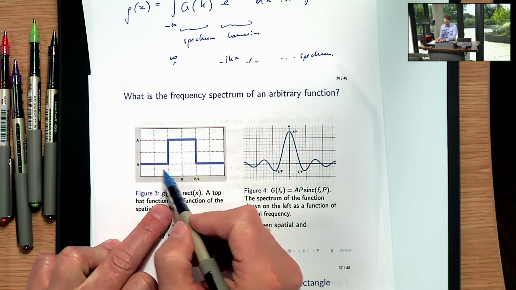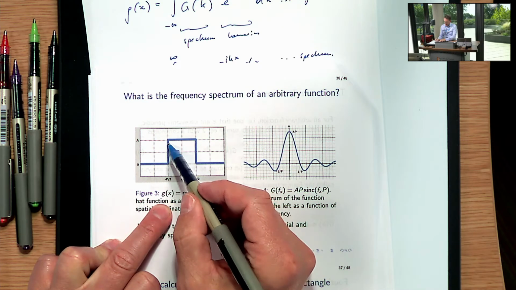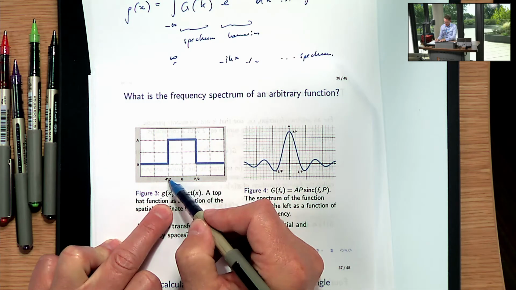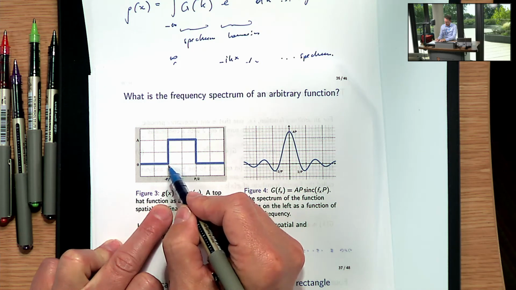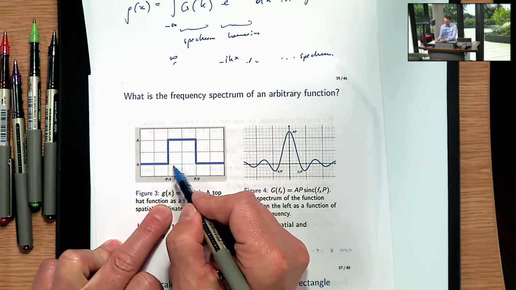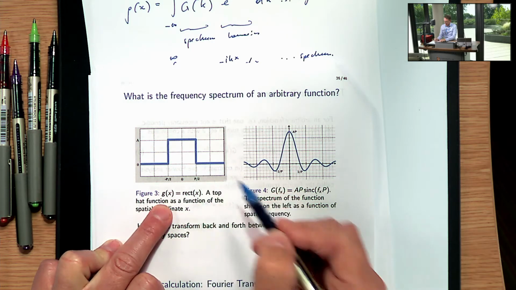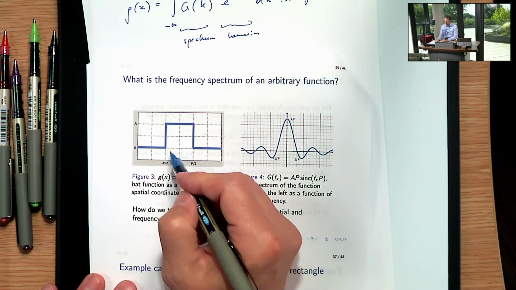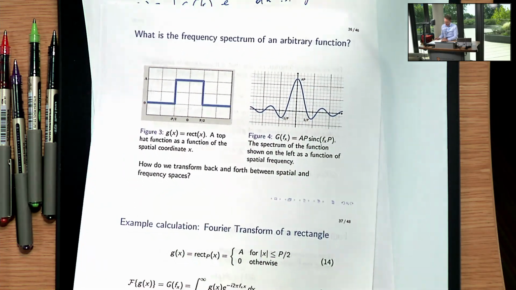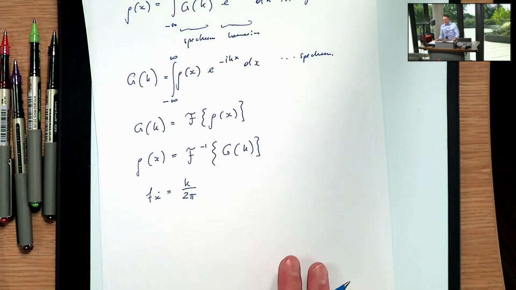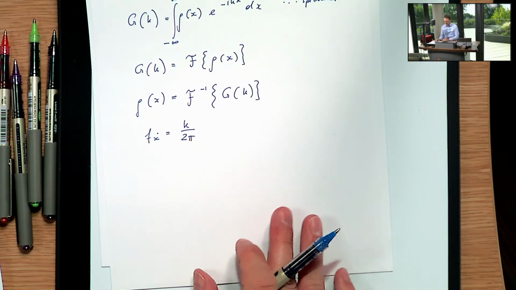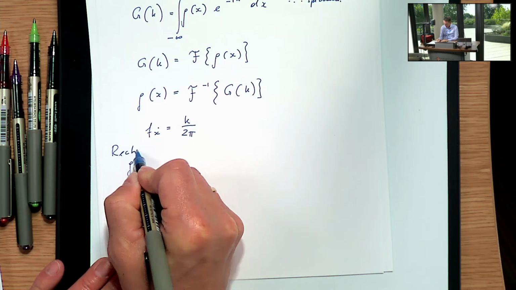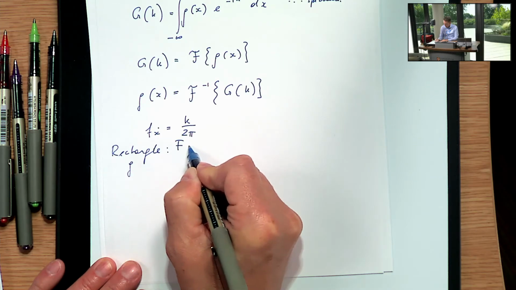If I have a function g of x that has amplitude a, and the rectangle goes from minus p over 2 to p over 2, so it has width p and height a, then let's see what the Fourier transform of that is.